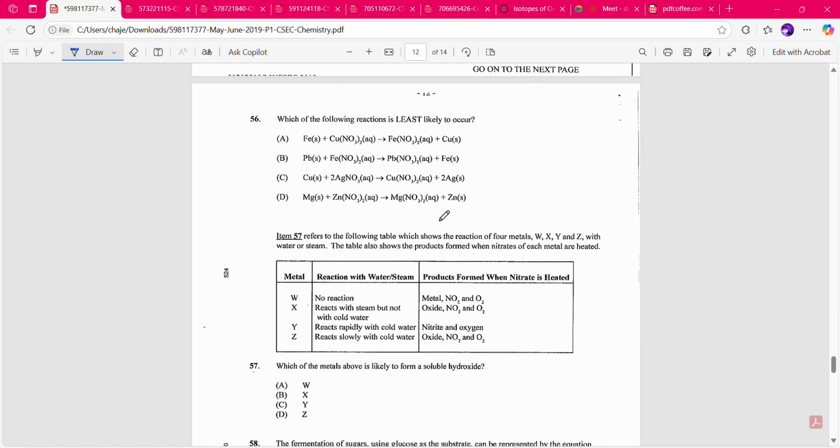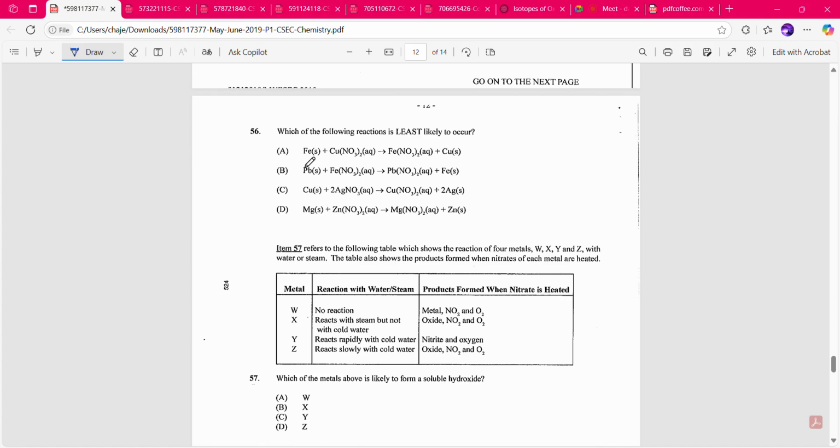Which of the following reactions is least likely to occur? Least likely to occur. Iron can displace copper. Yes, it can, because copper is low in the electrochemical series.